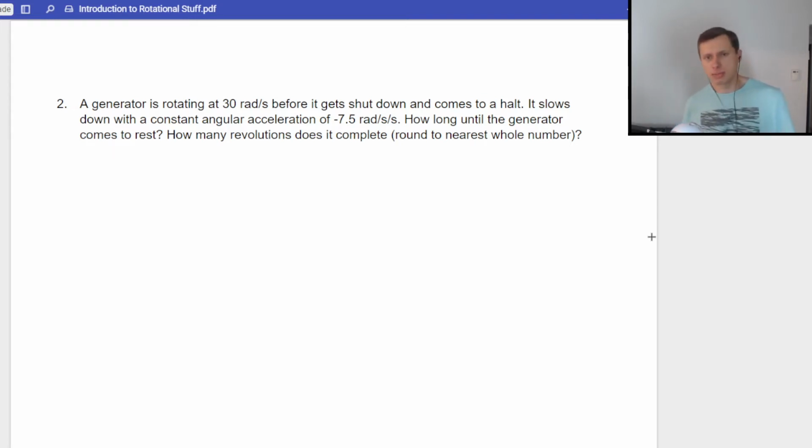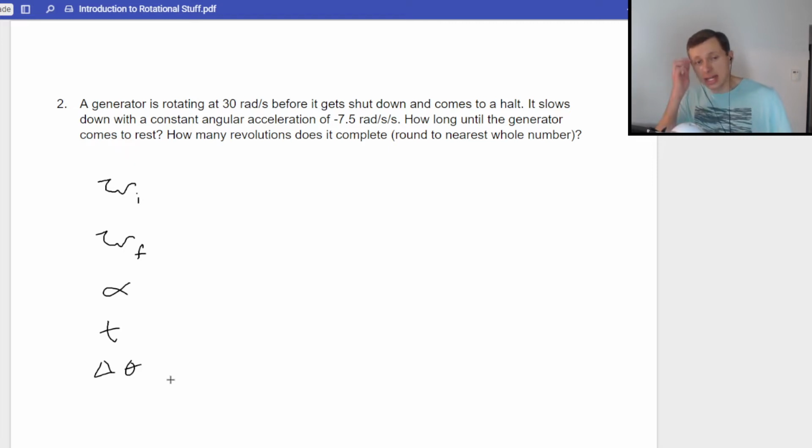So it's going to be a very similar problem from before. I'm going to first write down my omega initial, omega final, alpha, time, and delta theta, and ask myself what I know. So this time, if I read the question, it was initially rotating at 30 radians per second. In other words, omega initial is going to be 30. Omega final, well, it says it's slowing down to a stop or a halt.